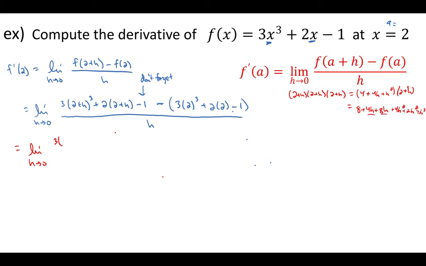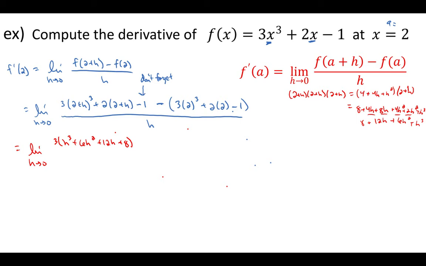We've got 4h and 8h, which is 12h. 4h squared and 2h squared is 6h squared. So 8 plus 12h plus 6h squared plus h cubed. And I'm going to go ahead and just write those in order. There's going to be h cubed plus 6h squared plus 12h plus 8. And now you can see why you need algebra to do this.